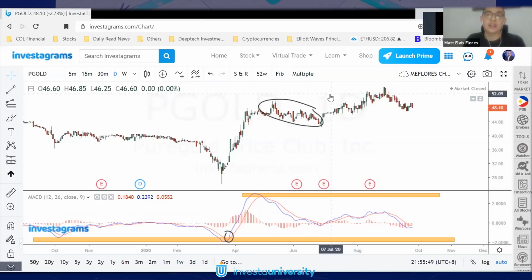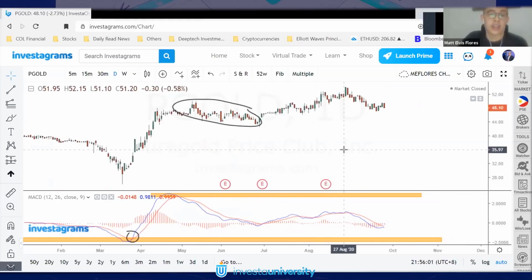Application ng support and resistance. Kasi even na once dumating ka na maging advanced trader ka na, you will still use it. Di ba? Kasi even looking at just the MACD as your indicator, you can identify na, okay, nandito na siya sa support level. So ang tendency nito, may bias na ako na I have high probability na sagad na siya and ang tendency niya is umakyat or malaglag na.